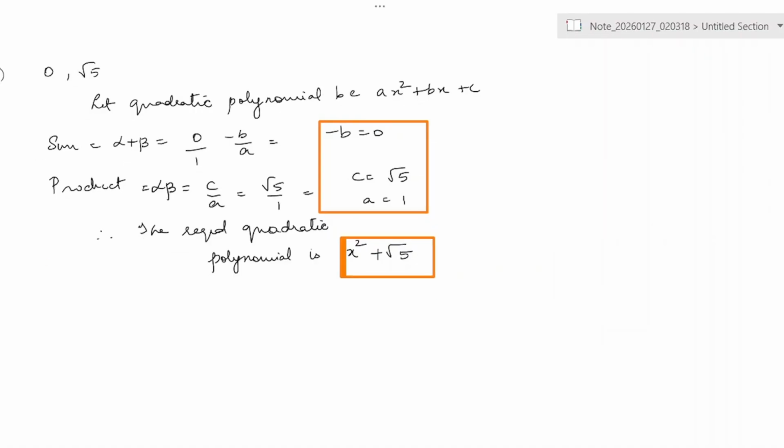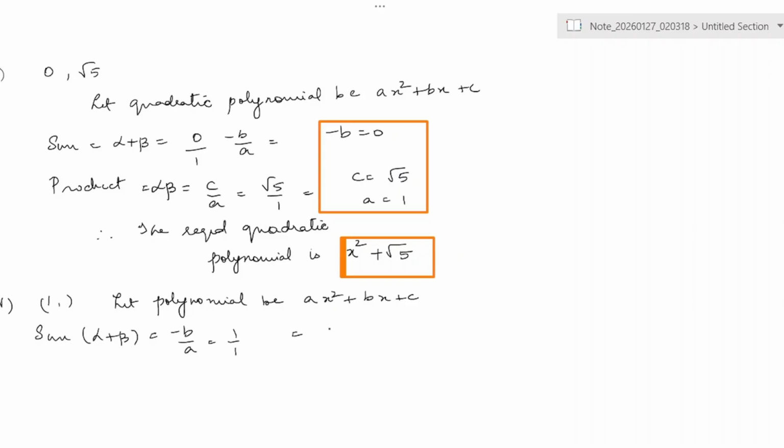Fourth sum, 1 comma 1. So let the polynomial be ax squared plus bx plus c, sum is 1. Sum, that is alpha plus beta, is equal to minus b by a, that is 1 by 1.